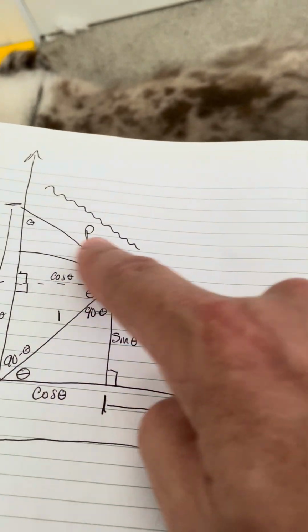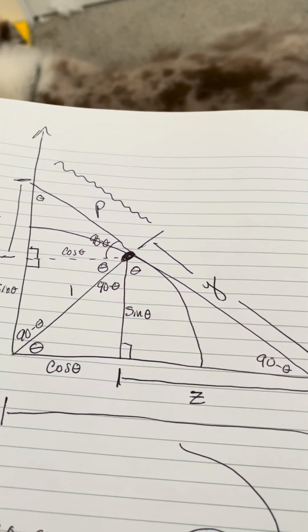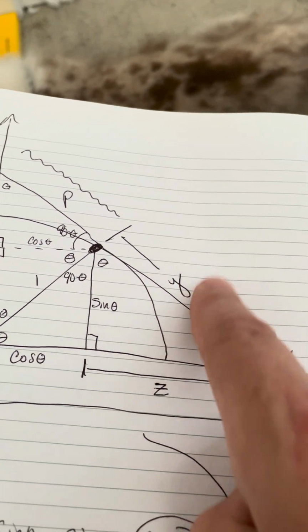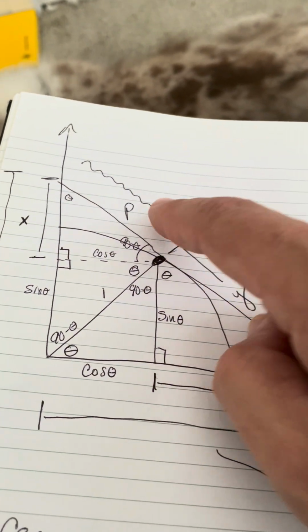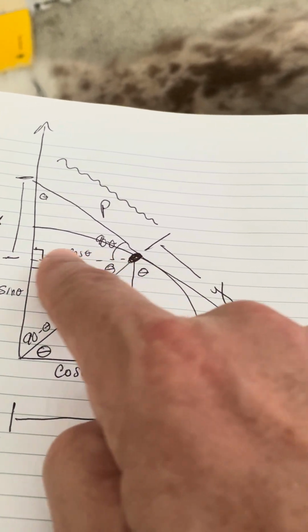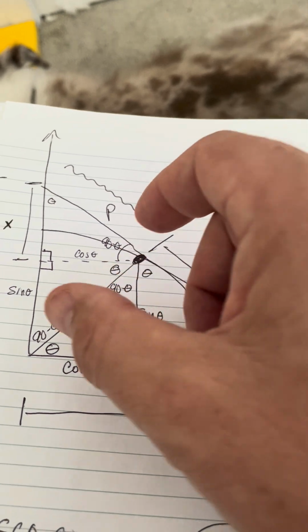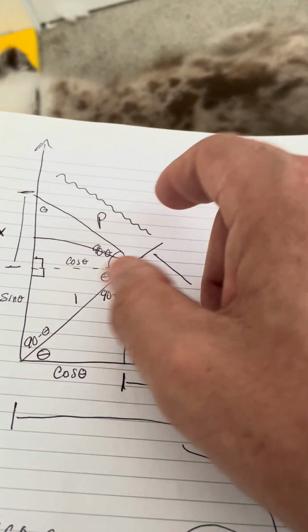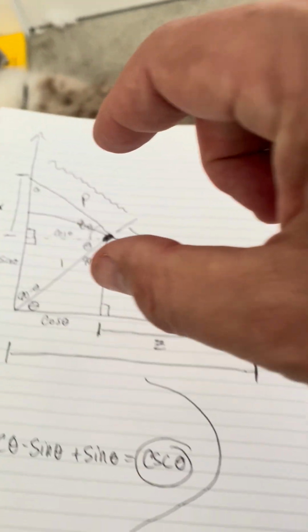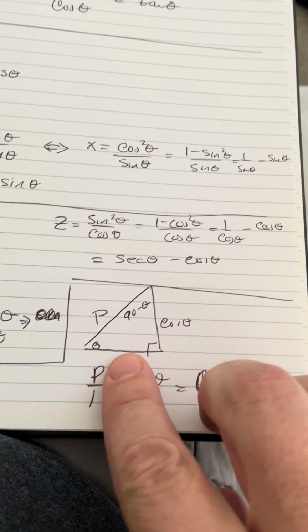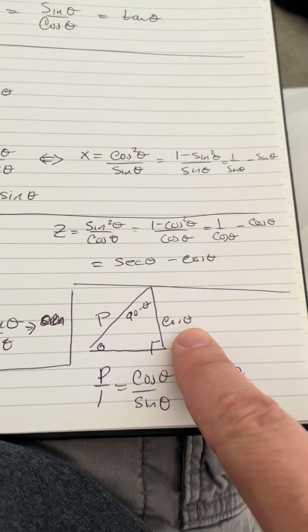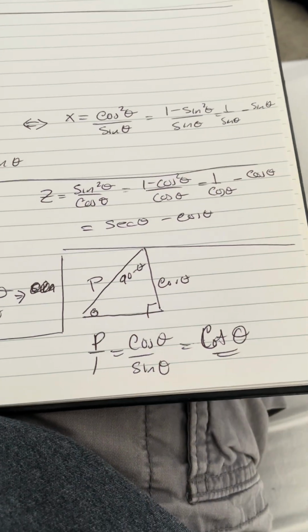Now, doing what I did with this section, I'm going to do the same kind of idea here. I know this portion is cosine. There's my theta, and this is my 90 minus theta. And I'm going to try and find the length p. So I'm going to lift this triangle up and set it down here. So here's my theta, here's my cosine, here's my p.